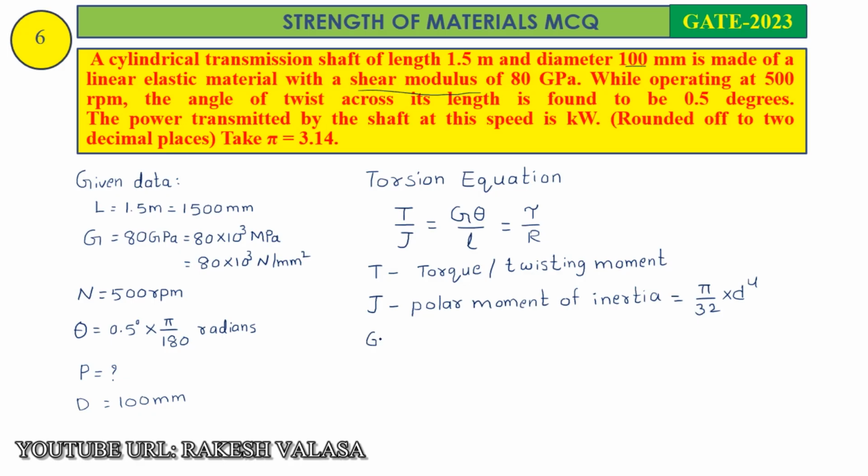Next, G means modulus of rigidity or shear modulus. Theta means angle of twist. L means length of the shaft.